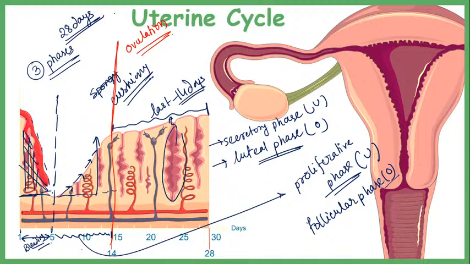The outer layer regrows or proliferates under the action of estrogen. This phase is known as the proliferative phase for the uterus because the endometrium is proliferating, but at the same point of time in the ovary, follicles are maturing under the influence of LH and FSH, and that's why for the ovary that same period is known as the follicular phase.